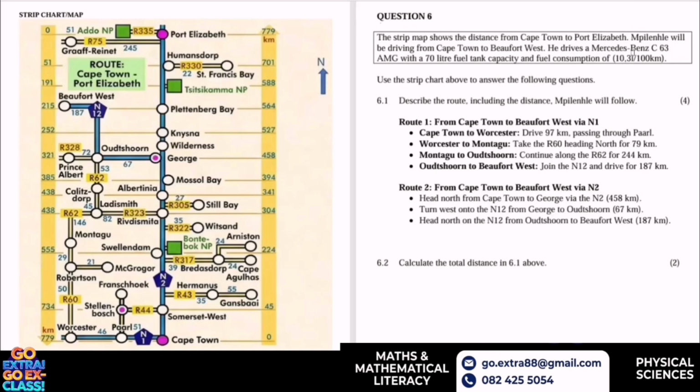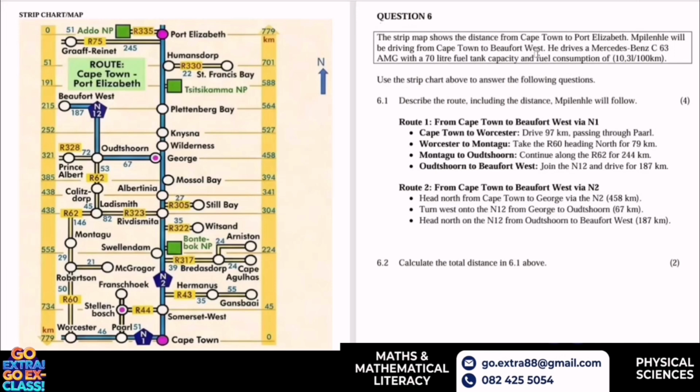He drives a Mercedes-Benz C63 AMG with a 70-liter fuel tank capacity and fuel consumption of 10.3 L, that L stands for liters, per 100 kilometers. So these are the specs of this Mercedes-Benz.